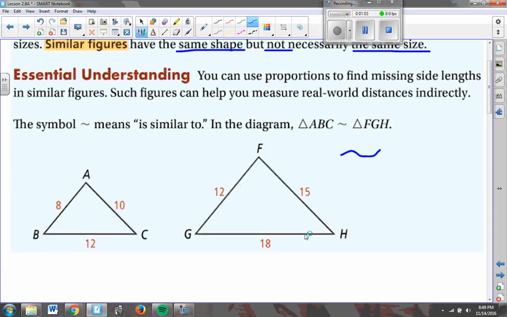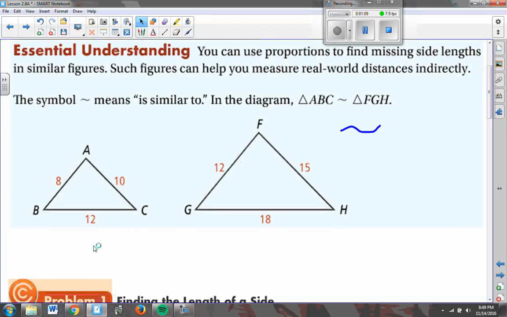So here we have two similar triangles. We know that they're similar because we're told they are, but also because we can make proportions out of each of the side lengths. Like the 8 on this triangle would go with the 12 on the other triangle.